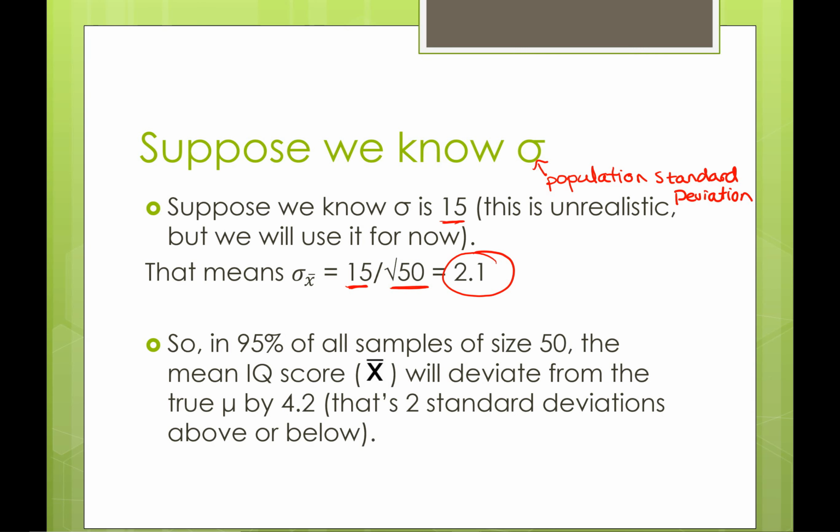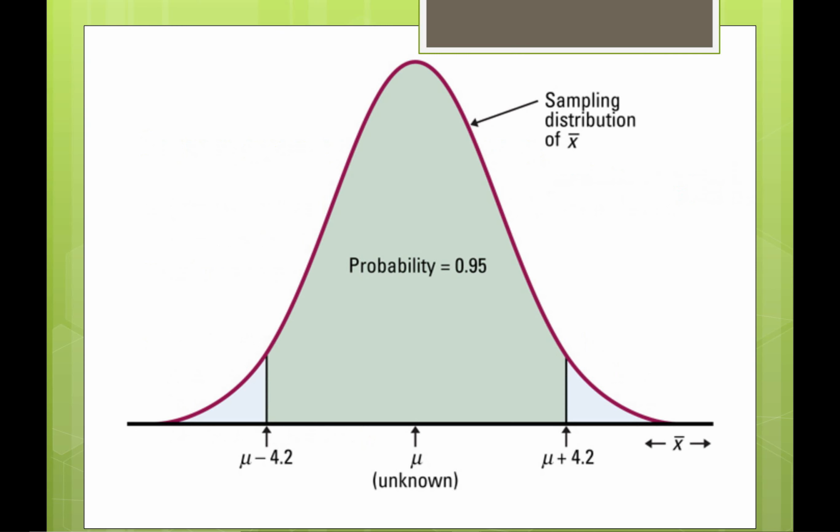So 95% of those samples will be within 2 standard deviations of the mean. So here is a picture. We have our mean. We go minus 2 times 2.1 and plus 2 times 2.1.